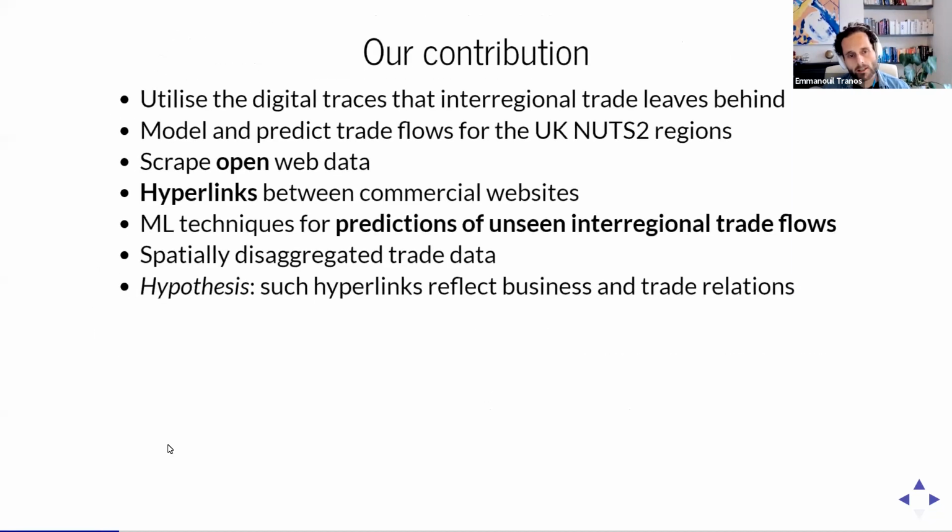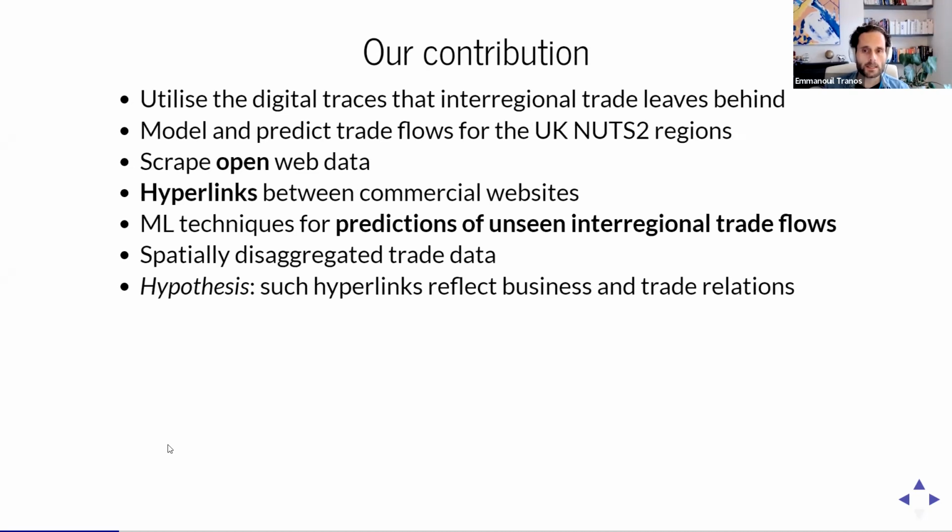So what we're trying to do here is to utilize the digital traces that trade leaves behind. And when I talk about digital traces, I refer to web data in order to model and predict region to region trade flows within the UK.